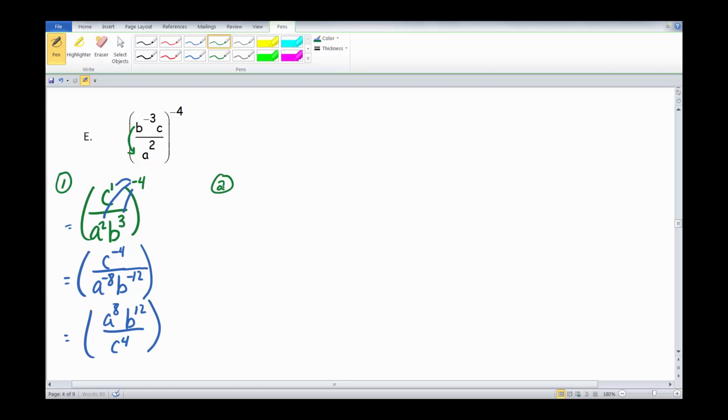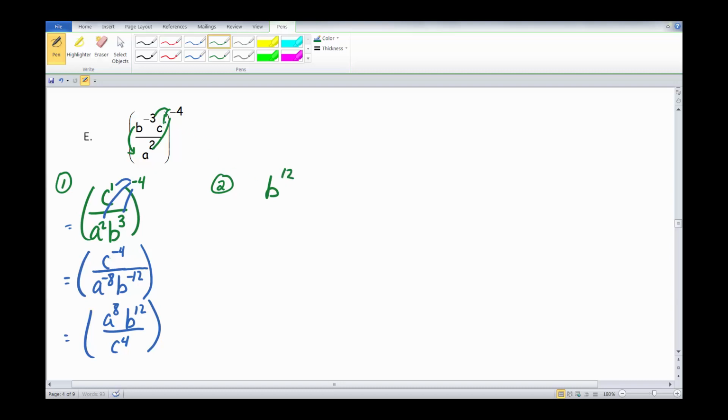For our second method, what we can go ahead and do is multiply right away. So again, powers to powers, we're just going to go ahead and multiply them and end up then with b raised to the negative 3 times negative 4, because again, power to a power, multiplying those exponents. So negative 3 times negative 4 gives us positive 12.